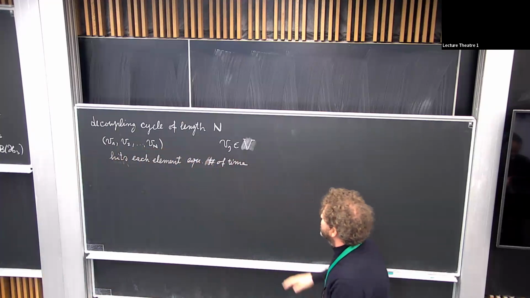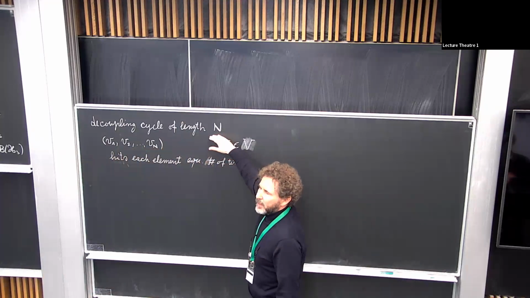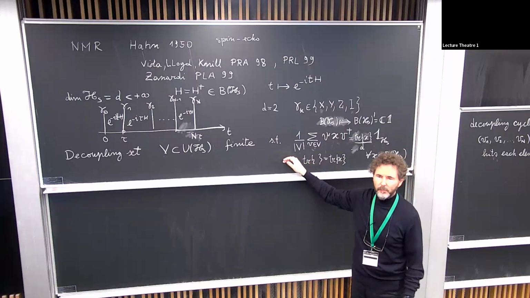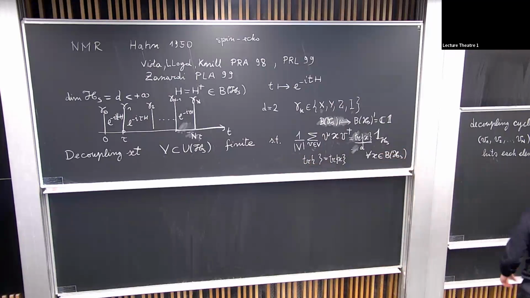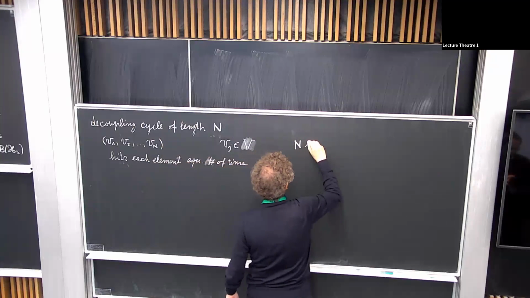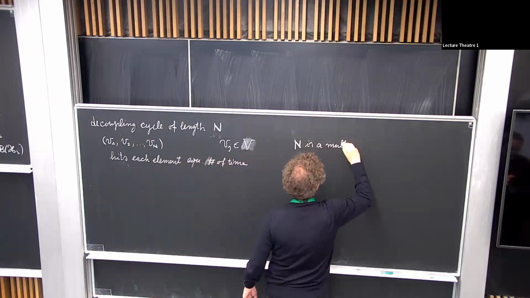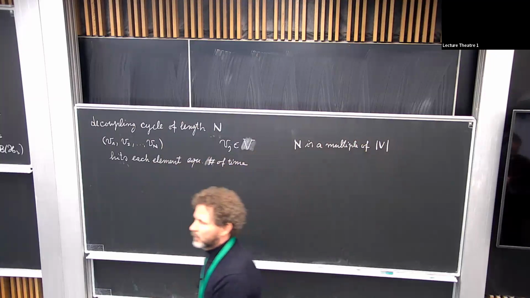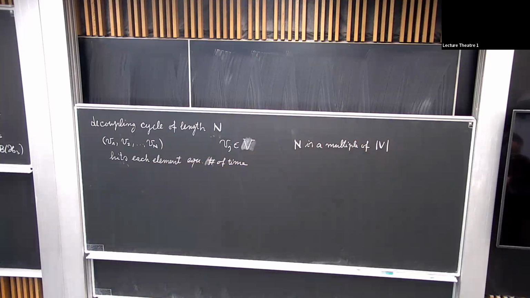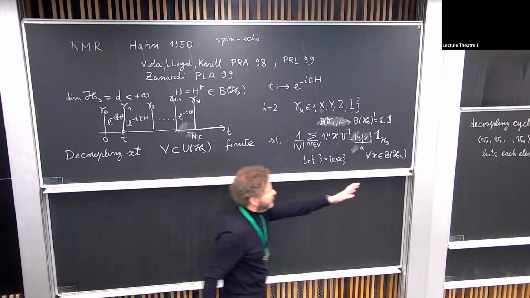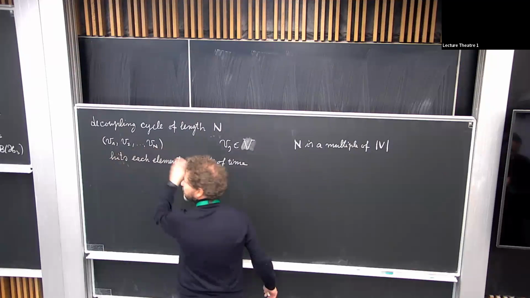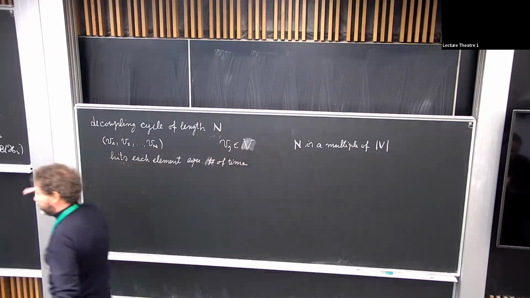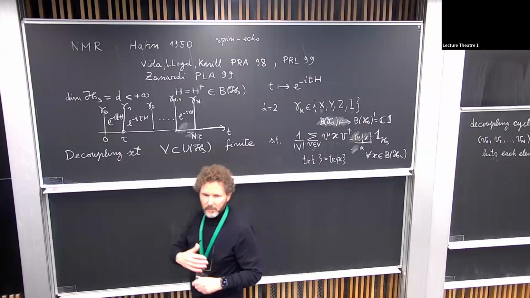So that means that the length of the decoupling cycle should be a multiple of the size of the set. The simplest situation is that n is equal to the size of the set, but in general you can take multiples. This is just the simplest idea. Of course, this can also be generalized.